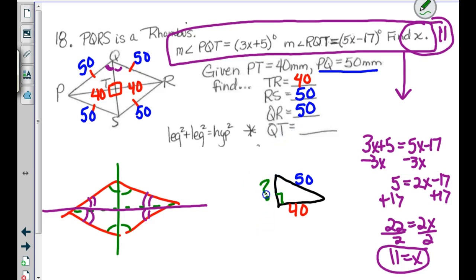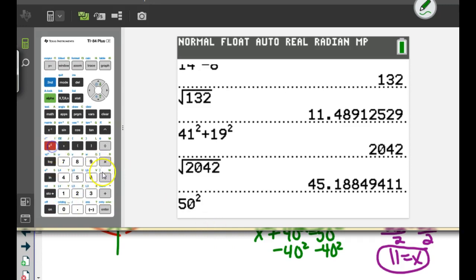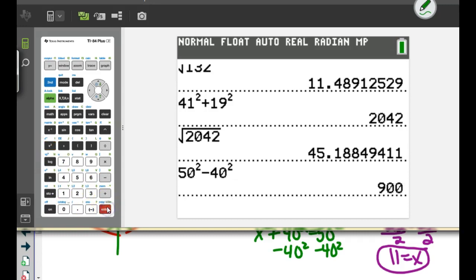So if I call that x, I have leg squared plus leg squared, where one leg is the 40. The hypotenuse is the 50. Whoops, that's x squared. So to solve, I do 50 squared minus 40 squared, which is 900.